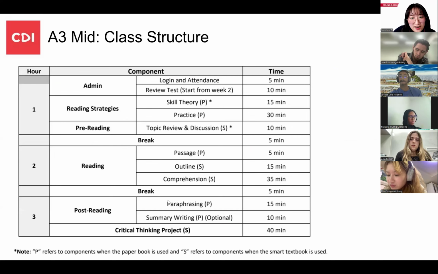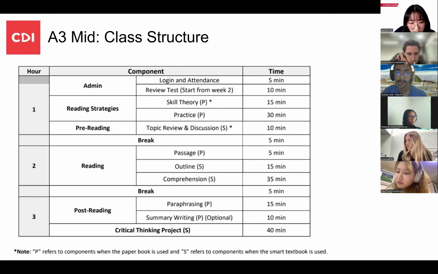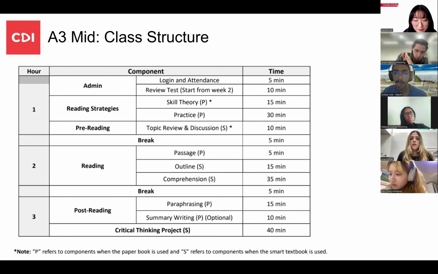Okay, so again, the class structure is very similar, except you can see some of these components are marked with P and some of them are marked with S. So P refers to the components with the paper book. The students will have a paper book. And then S refers to the smart textbook that we have.